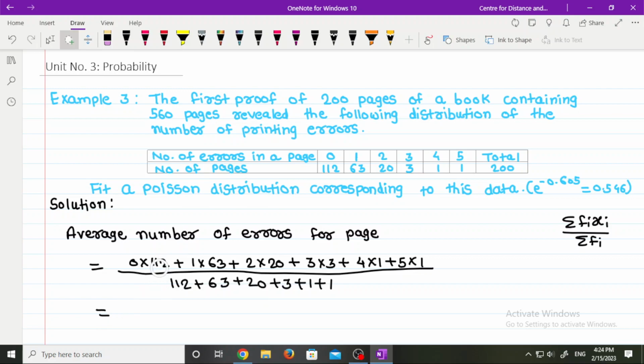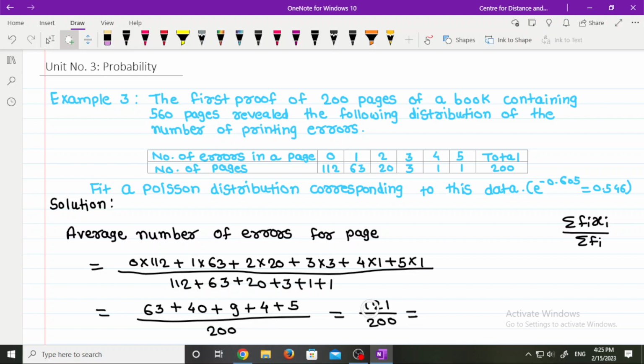0 into 112 is equal to 0. Then 1 into 63 is equal to 63 plus 2 into 20 which is equal to 40 plus 3 3s are 9, 4 1s are 4 plus 5 1s are 5, whole divided by 112 plus 63 plus 20 plus 3 plus 1 plus 1 which is equal to 200, and summation of numerator, that is 63 plus 40 plus 9 plus 4 plus 5 which is equal to 121, divided by 200.